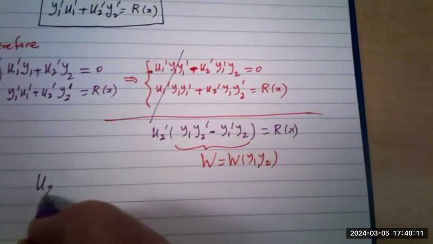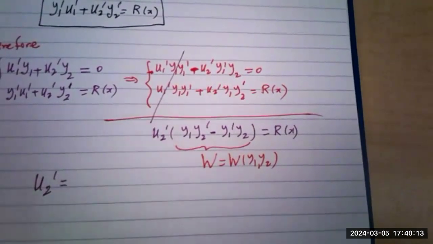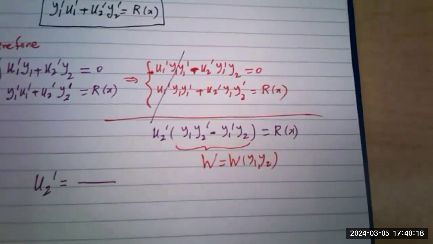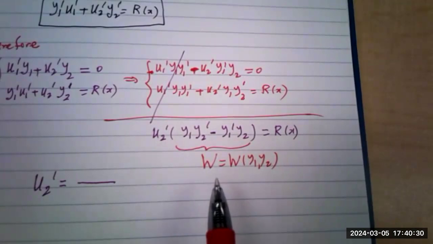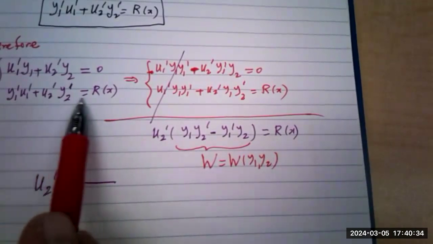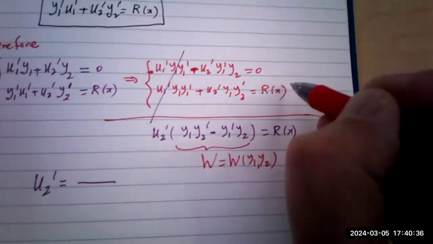So the u2 prime would be r, oh, I missed something here. I multiplied the second one by y1, so I should multiply by y1 here as well.